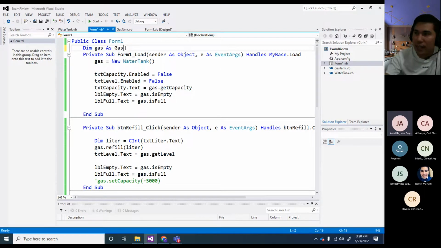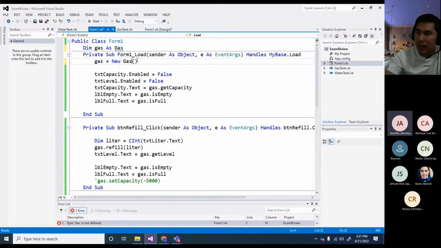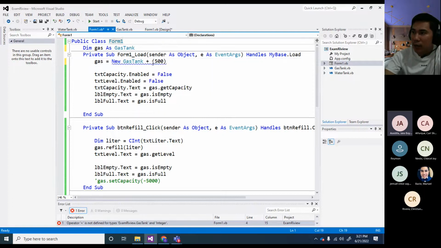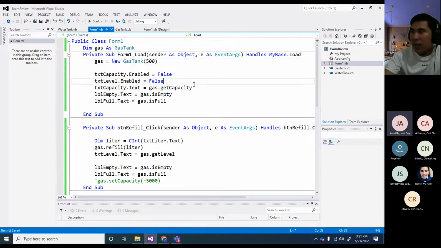Ayan, no? So let's put this back here, gas tank, and then let's say 500. But you have seen earlier that we can use the capability of water tank, which is the same as the gas tank.